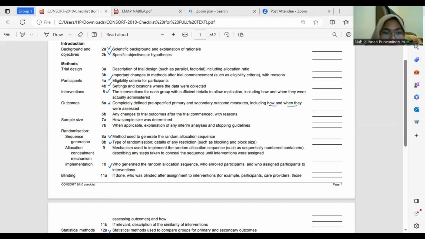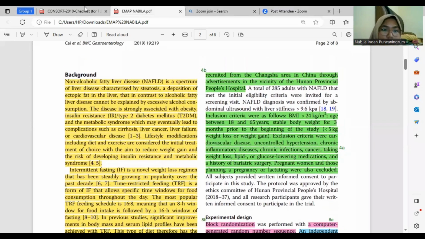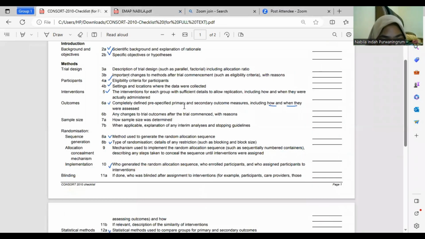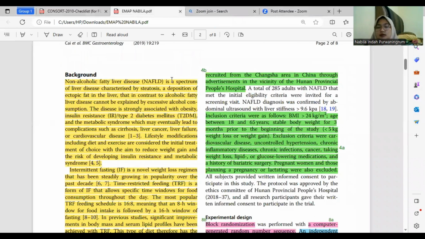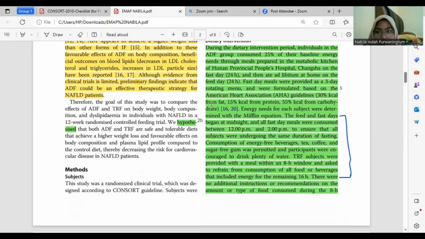Okay, now we can see it here. This is the inclusion criteria. And then now we are moving to 4B. So what is 4B? 4B is the settings and the location where the data is collected. It means that in this article, it needs to be stated where the data is collected.